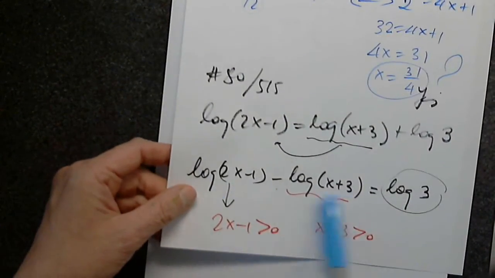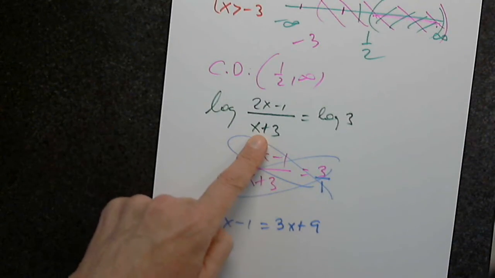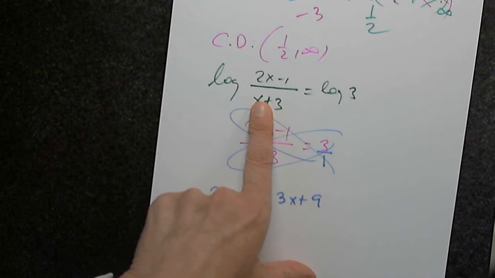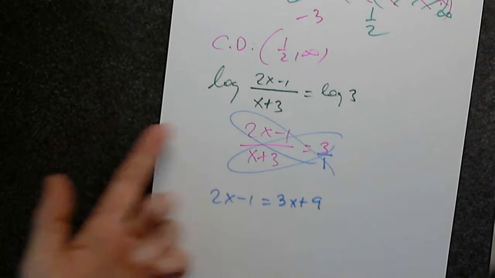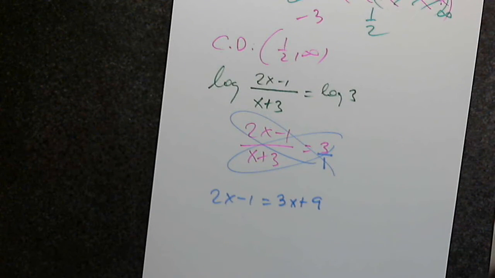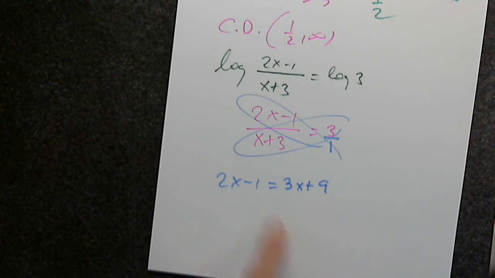Then I condensed the left-hand side into log applied to a quotient because I had a difference of logs. Then I thought, okay, how can this happen? Well, it can only happen when this equals this. Then now it's a proportion. I cross multiply. Now I have a linear equation to solve. For more than a minute, I only listed the operations we went through.